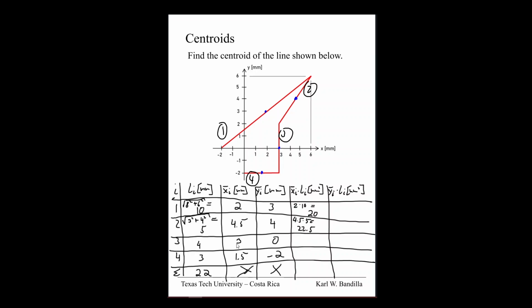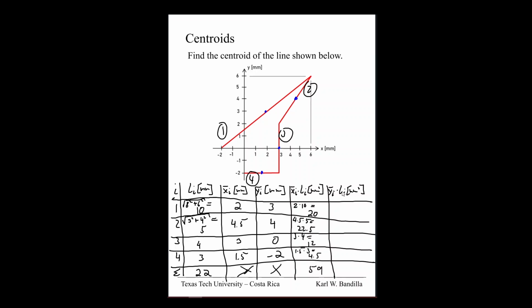Then we get 3 times 4, oops, not 40, is equal to 12. And then we get 1.5 times 3, and that is 4.5. So that's 20 plus 22.5 is 42.5. 42.5 plus 4.5 is 47. 47 plus 12 is 59.